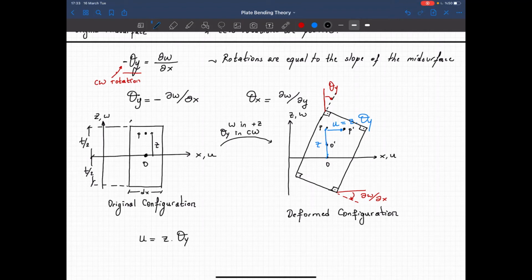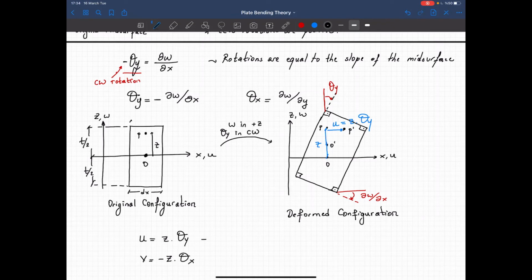Okay. Now, in the other direction, in the x direction, the right-hand rule gives us the counterclockwise direction, and when you draw the same figure in the counterclockwise direction, you will get v as equal to minus z times theta x.